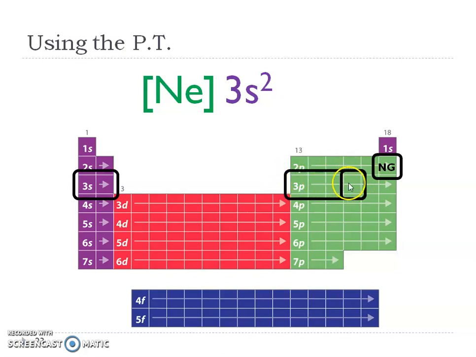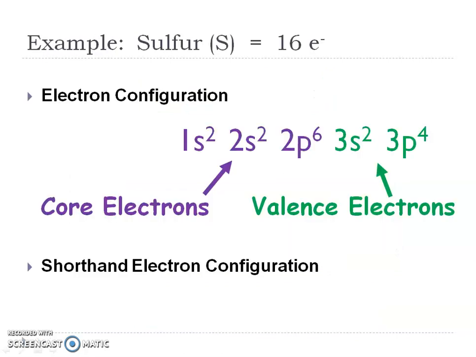P, 1, 2, 3, 4, and it's going to be the 3p4. So we have our noble gas, and then what's left over. Knowing what parts of the periodic table are what, it's real easy to fill in those blanks. So sulfur's full configuration is here, and your shorthand electron configuration is there.